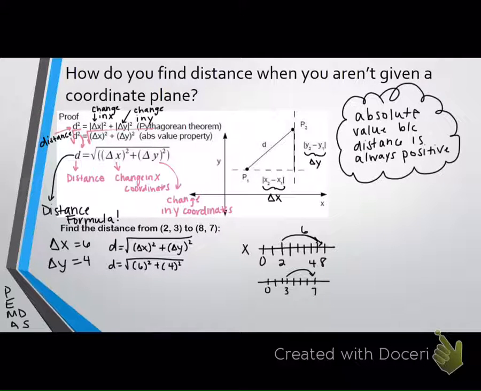So we must square first. 6 times 6 is? 36. Good. 4 times 4 is? 36 plus 16 is? 52.